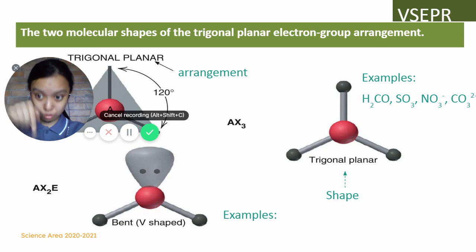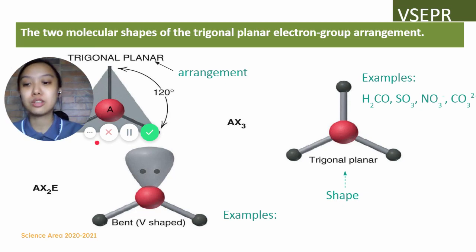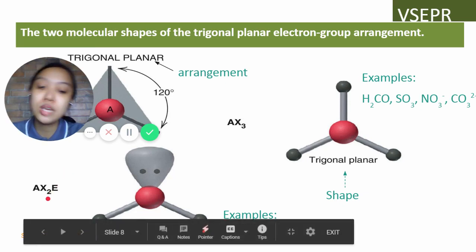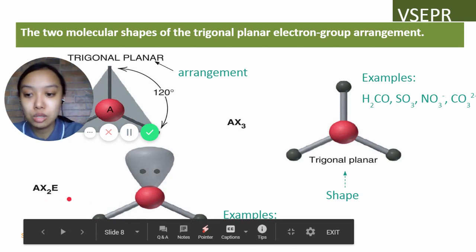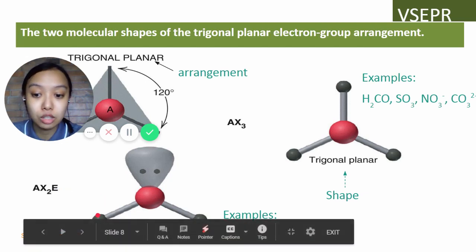The configuration is right there. The configuration is AX2E. This means that to the central atom, there are 2 surrounding atoms attached and 1 electron pair. The X means that there are 2 surrounding atoms, the gray ones.